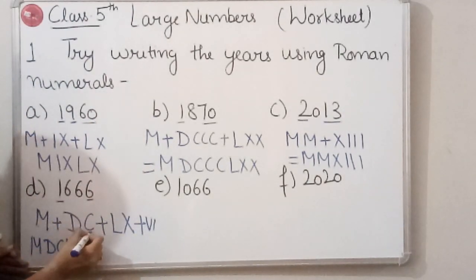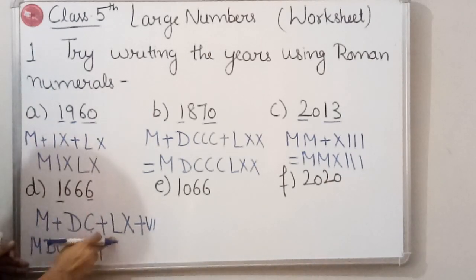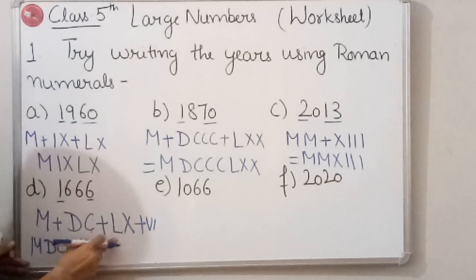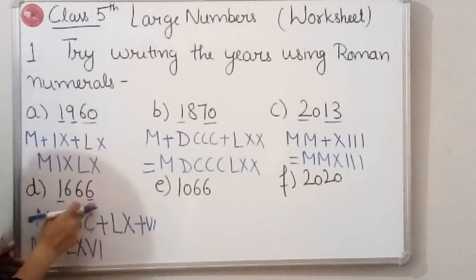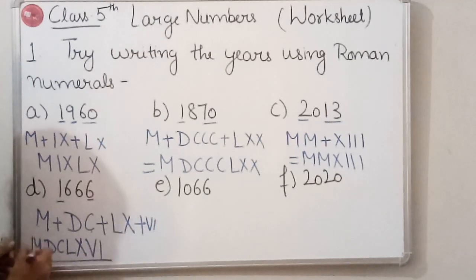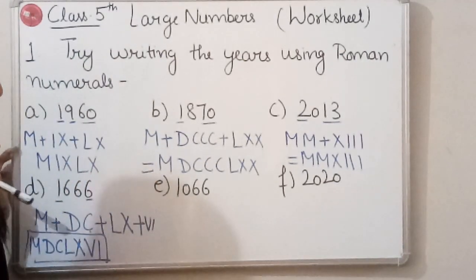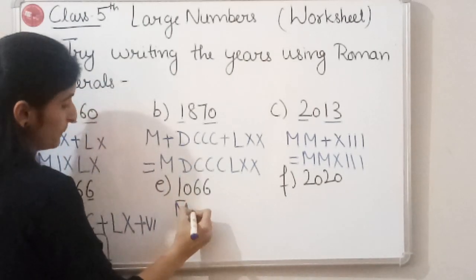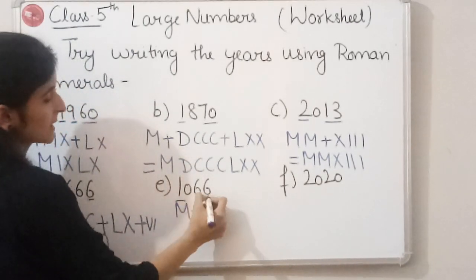1600. 500 plus 100 is 600. L, X, 60. 60 means L, X, 50 plus 10. Then there is 6. 5 plus 1, 6. So that means MDCLXVI. Now let's move to E part. 1000. 1000 means M plus 66.